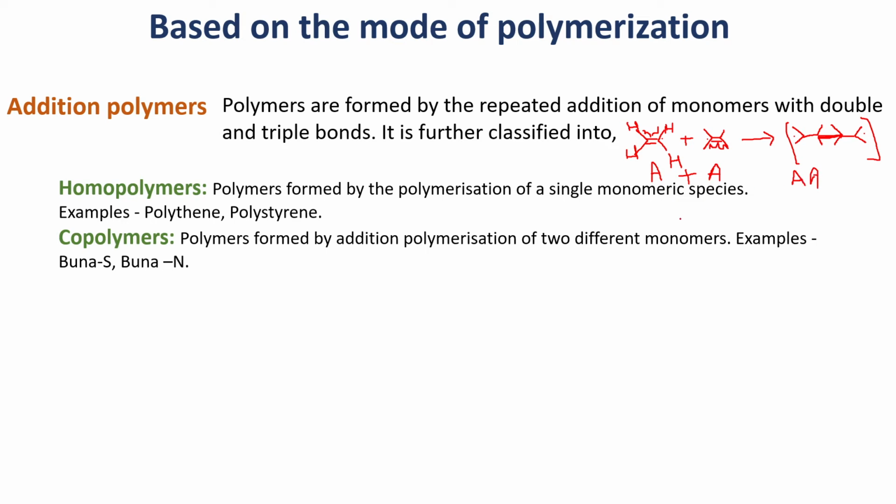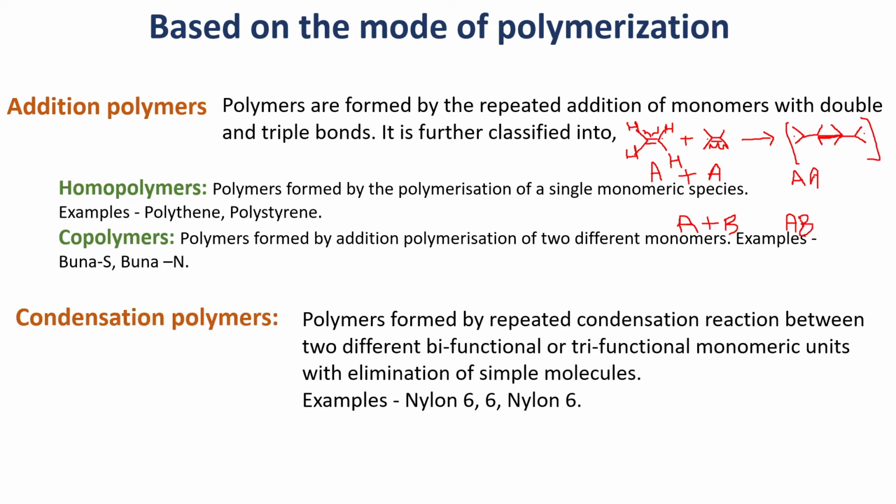But if A combines with B, another type of monomer, then that will generate a copolymer. AB will be formed. Please excuse the background noise.